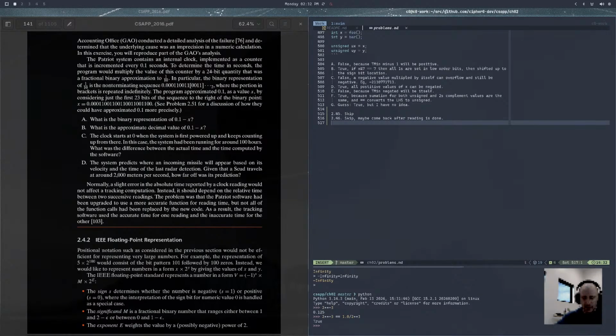The sign s determines whether the number is negative or positive, where the interpretation of the sign bit for numeric value 0 is handled as a special case. The significand m is a fractional binary number that ranges either between 1 and 2 minus epsilon, or between 0 and 1 minus epsilon.